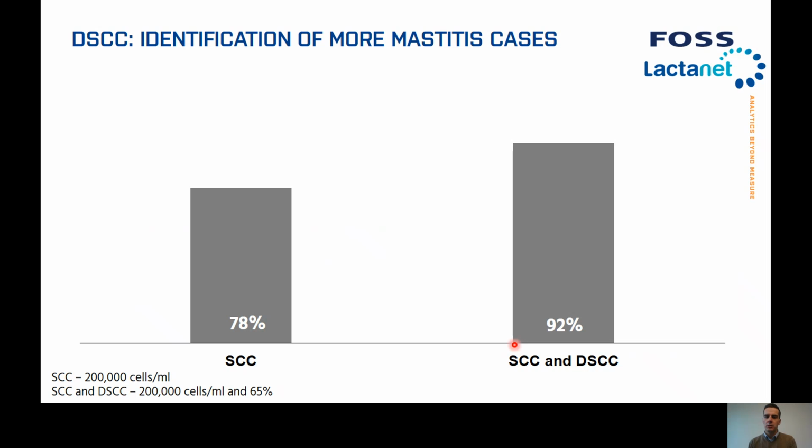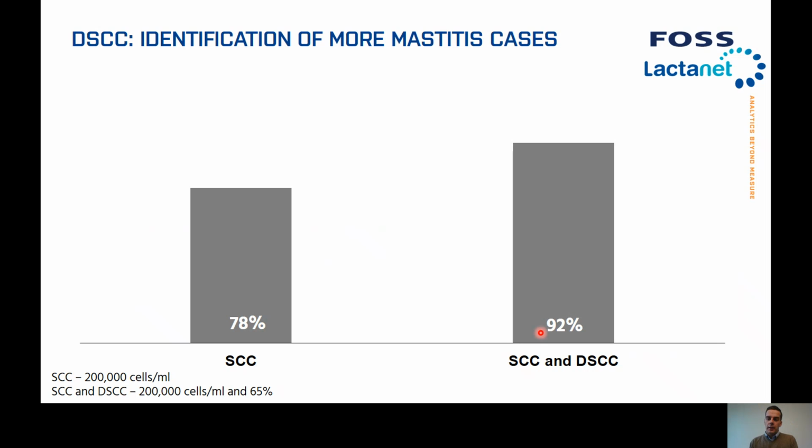When we use the combination of somatic cell count and differential somatic cell count, which means we are working with a somatic cell count threshold of 200,000 cells per milliliter and a DSCC threshold of 65%, a cow with, for example, 150,000 cells and a DSCC result of 80% would also be classified as infected, as sick.